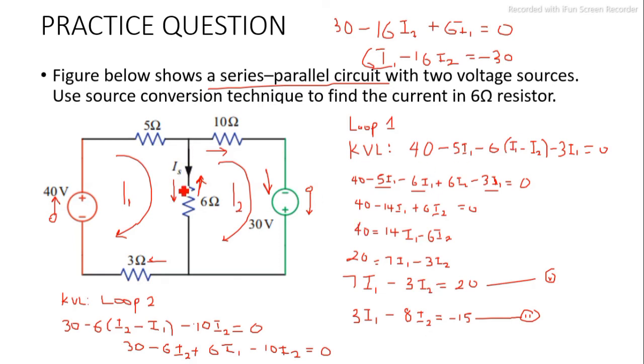Now we want to calculate our IS. Our IS is the current flowing here, which is I1 minus I2, because I1 is flowing downward and I2 is flowing upward, and this is the direction of our IS.